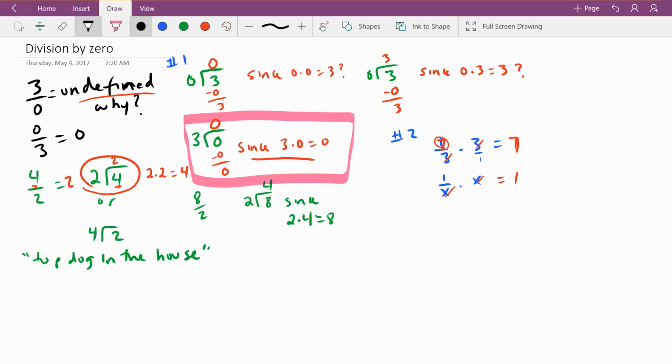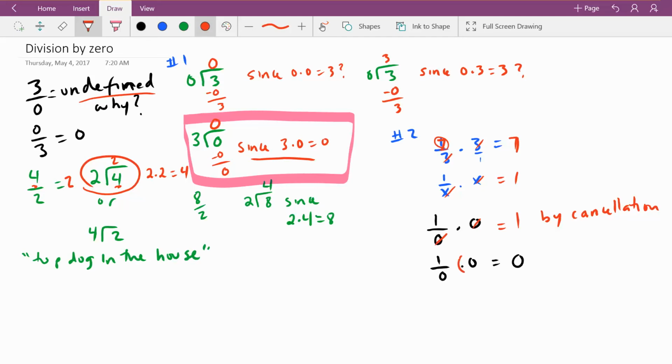So, what if I do 1 over 0 times 0? By canceling, I'm saying I should get 1, right? By cancellation. However, anything multiplied by 0 is always 0. I don't care what you take.